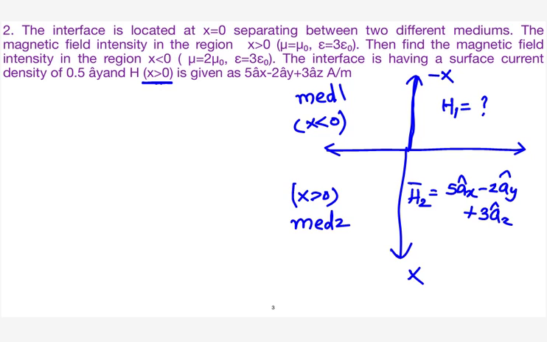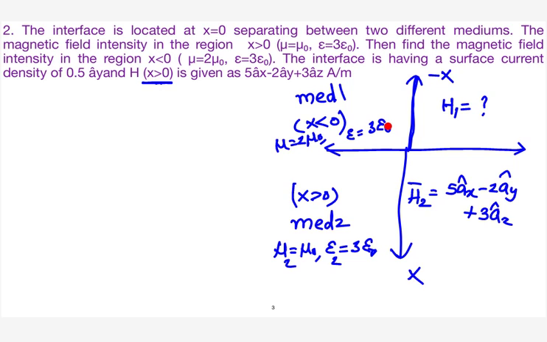For x greater than 0, you already know mu is equal to mu naught and epsilon equal to 3 epsilon naught. So you change the conventions here. Since it is medium 2, you take it as mu 2 and epsilon 2. For x less than 0, I have given mu equal to 2 mu naught and epsilon equal to 3 epsilon naught.